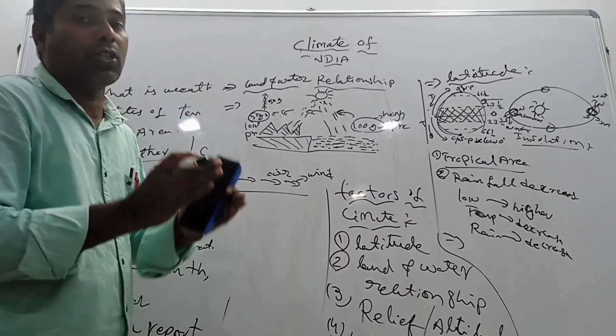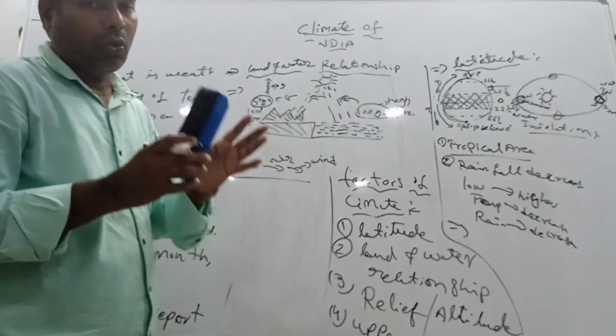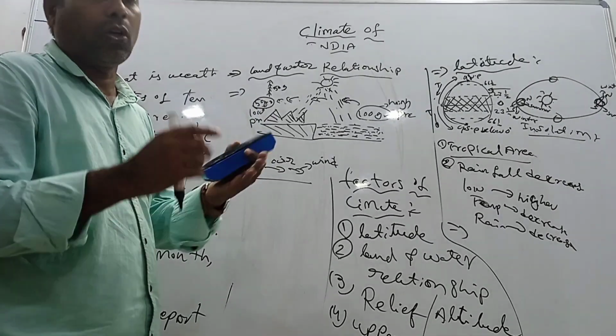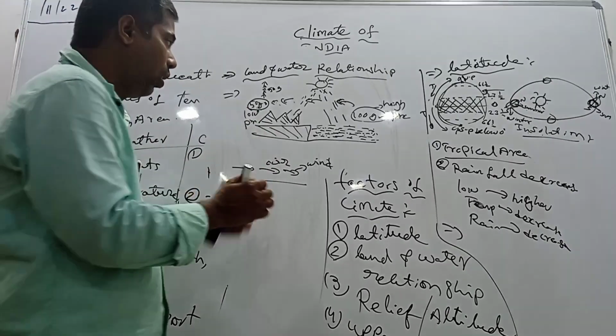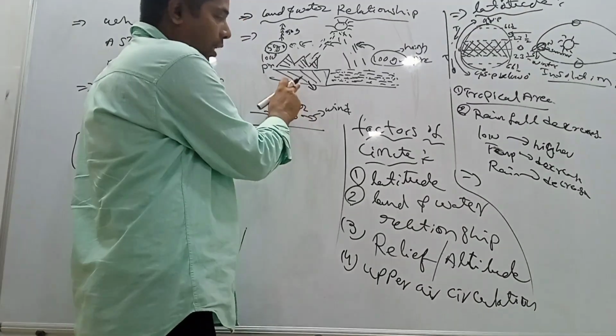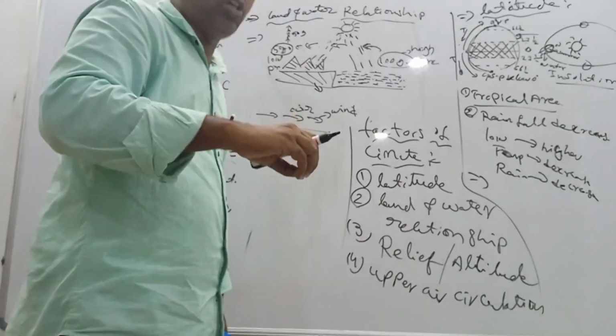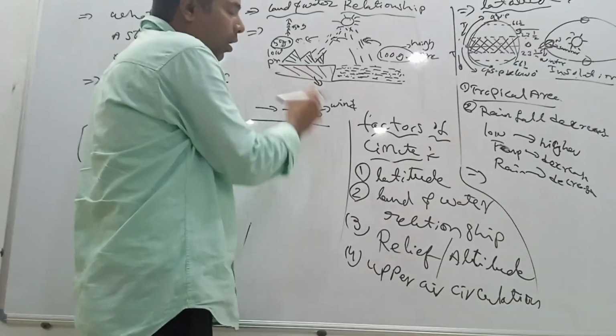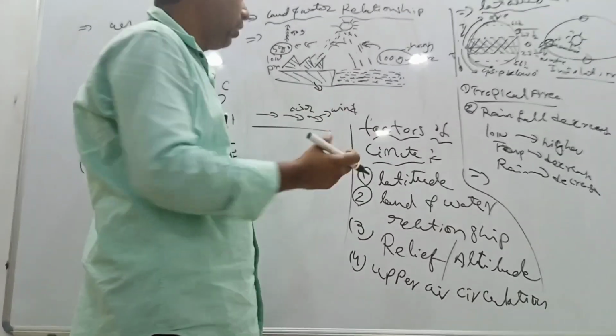Those areas located near the seashore, like Visakhapatnam, Mumbai, Chennai, do not record very high temperature in summer, nor very low temperature in winter. Here it is not very hot in summer, and not chilling cold in winter.